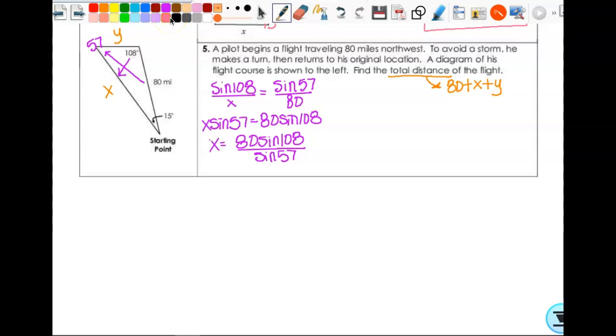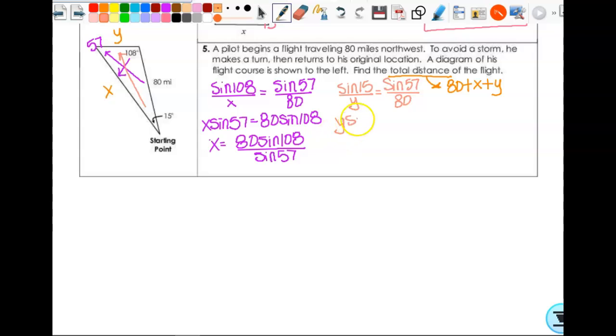All right, so for Y, Y is across from 15. So I have the sine of 15 over Y, and then I'm still going to use the 80 and the 57, so the sine of 57 over 80.